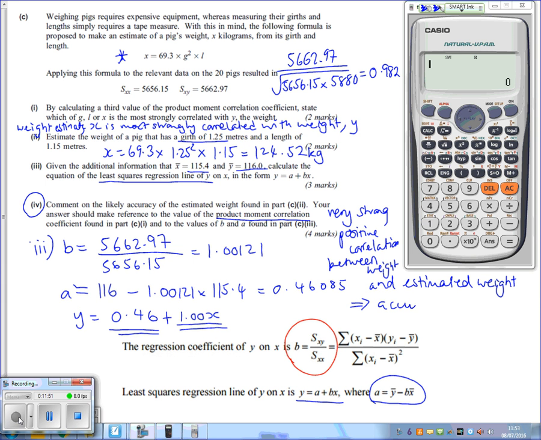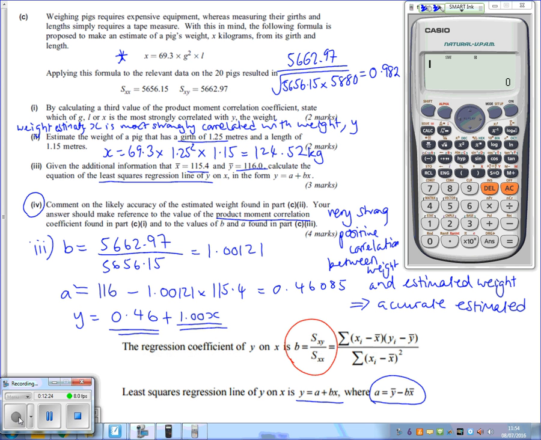And this is also reflected in what values we got for A and B. So for A, we're saying the value of A was 0.5, and the value for B was 1. So the value of 1, that's saying the gradient of the line is 1. So the estimated weight and the weight are very close.